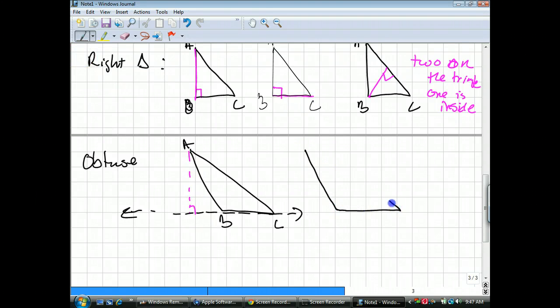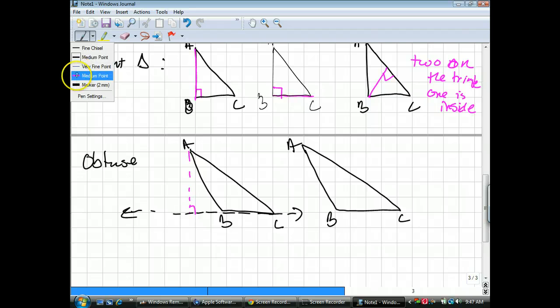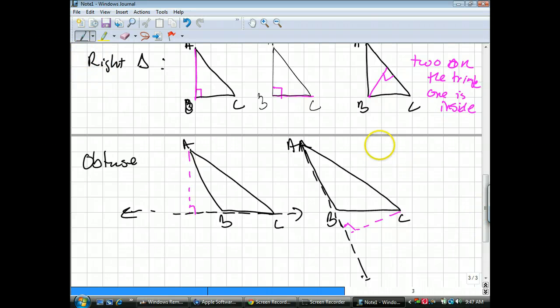From C, the altitude would be right here, and that hits the line that contains side AB. Okay? And the third one would be inside.